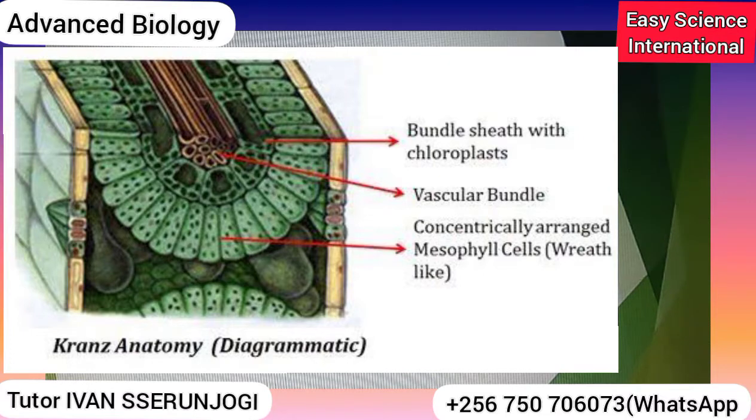The inner ring of cells is called the bundle sheath cells, and the outer ring is made up of the common mesophyll cells. So the bundle sheath cells are a special type of cells only found in the carbon-4 plants, the C4 plants.